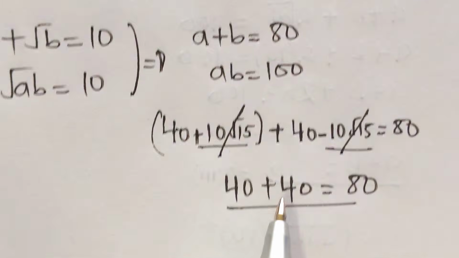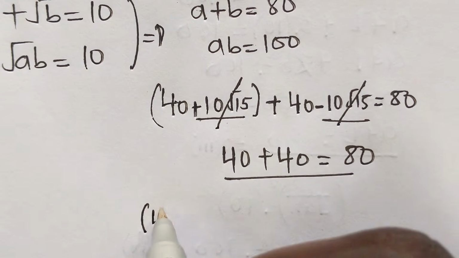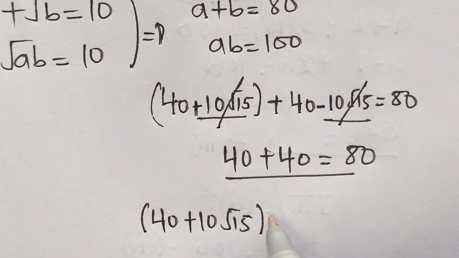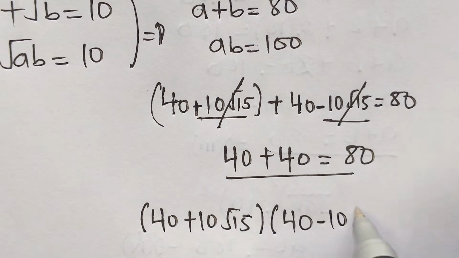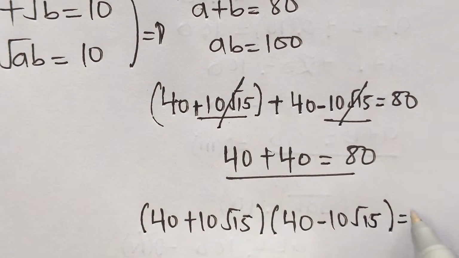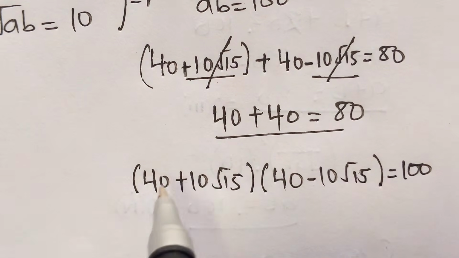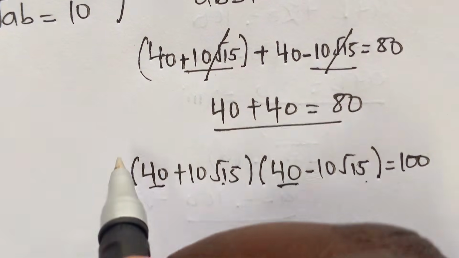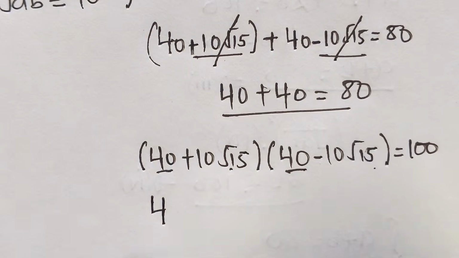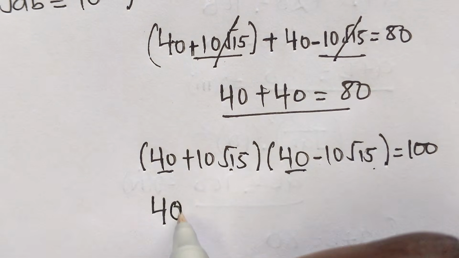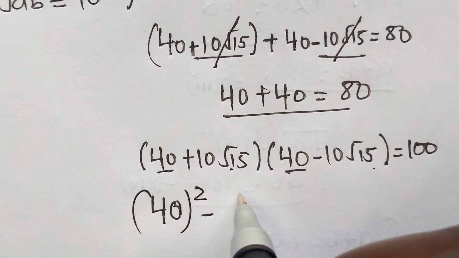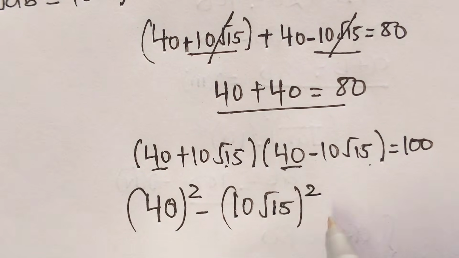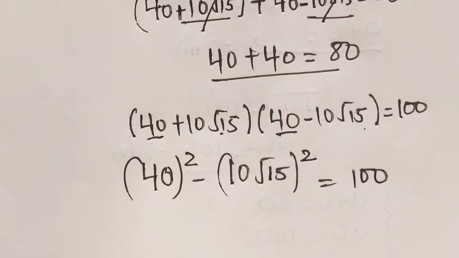What about this one? We shall have 40 plus 10 square root of 15, right? Then times 40 minus 10 square root of 15, which should equal 100. And of course we have a plus b times a minus b form, which is equal to, we shall get what? 40 squared minus 10 square root of 15 squared, and this should equal 100.